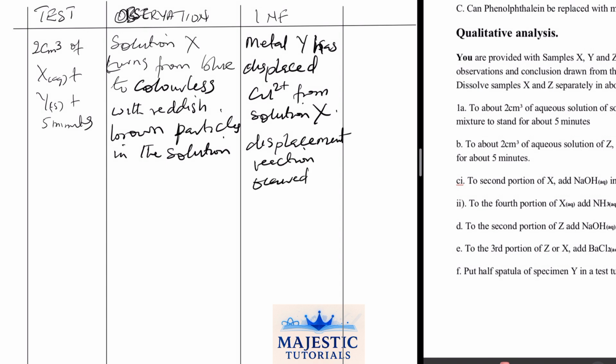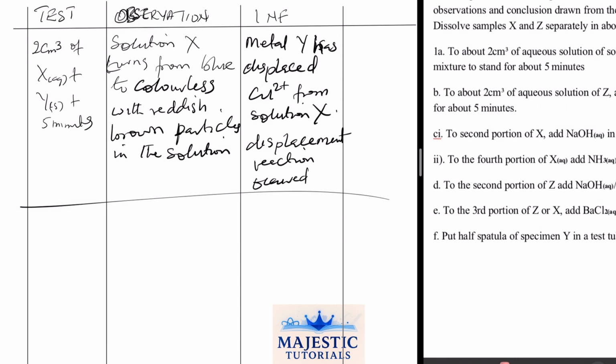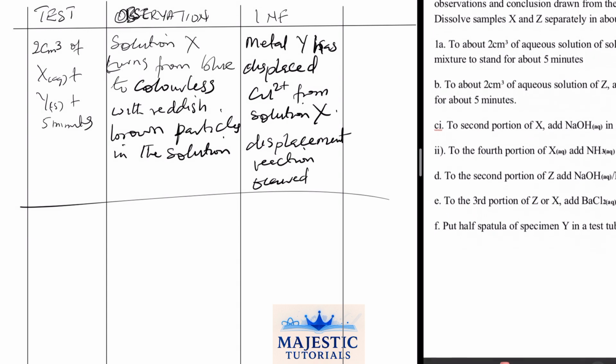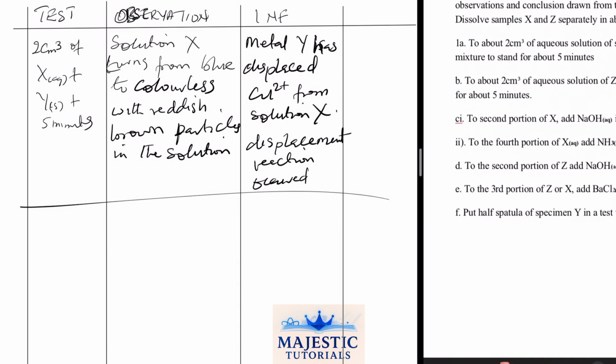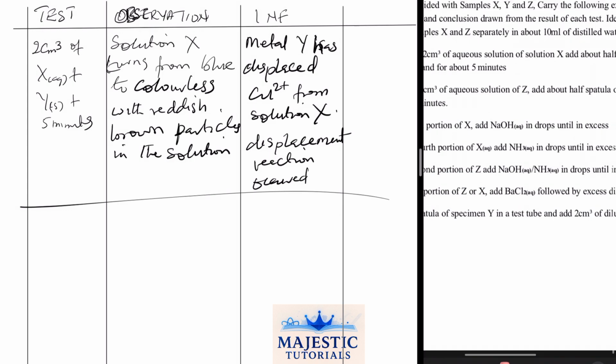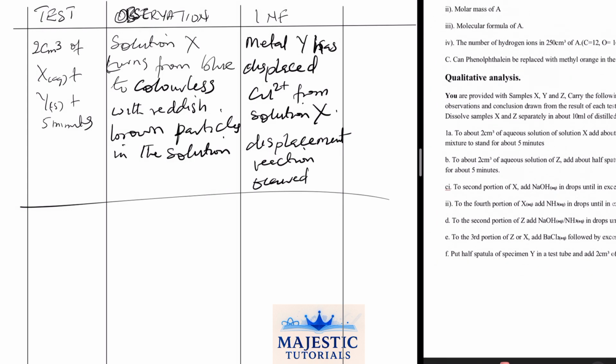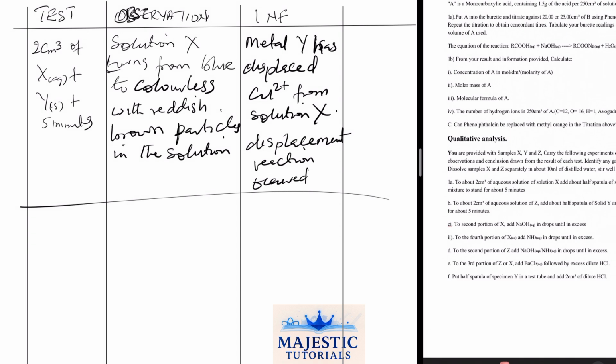Then the next question, the B part, tells us to repeat the same thing, but this time with Z. It is the same scenario. It will still be displacement because zinc will still displace iron.